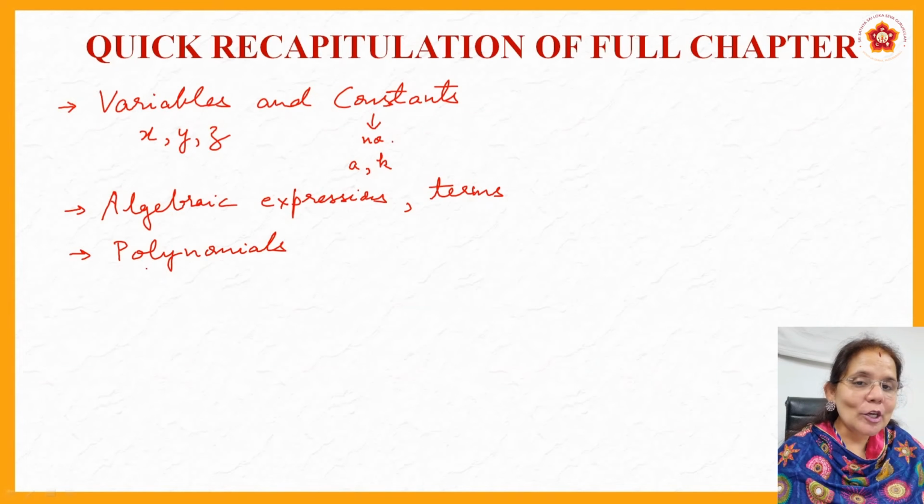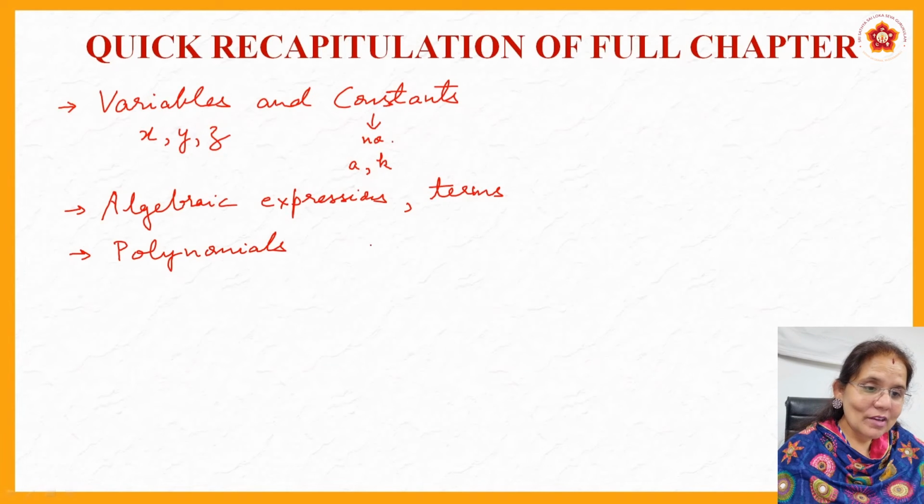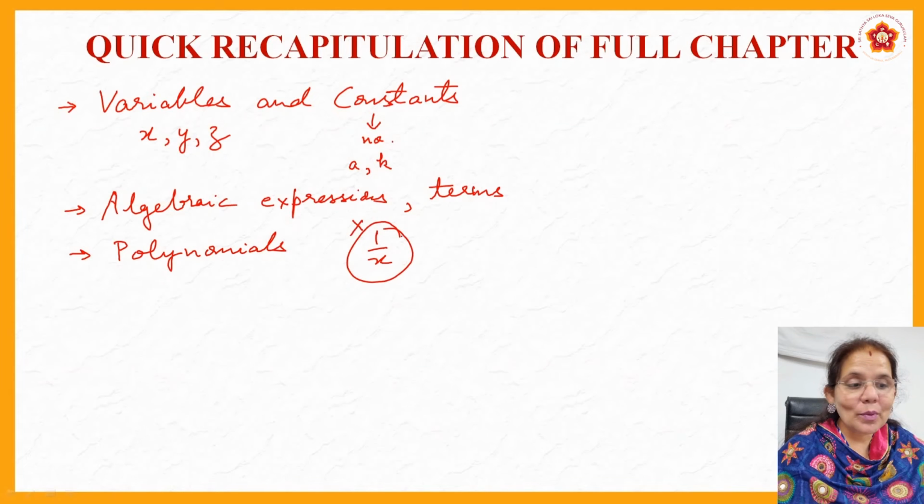Variable should always be in the numerator of the algebraic expression. The power of the variable should be a natural number. It cannot be fractions. So these were the main conditions. For example, if I write down 1 by x, it is not a polynomial. On the other hand, if I write down x square plus y, yes, it is a polynomial.